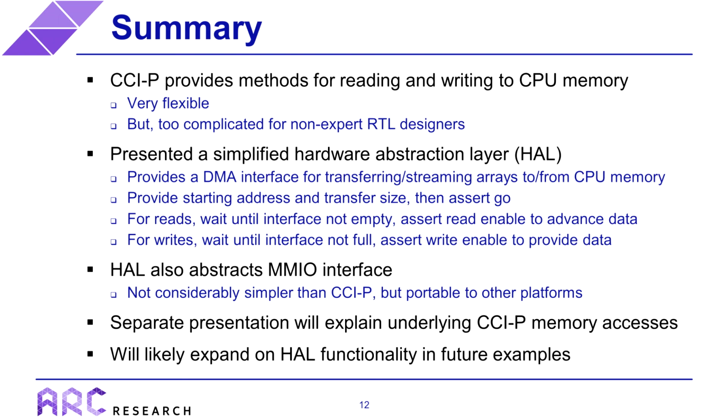It's going to be a significant amount of effort to get that working for typical application requirements. So what I did in this presentation, I presented a simplified hardware abstraction layer that provides a common DMA interface for transferring arrays to and from memory.